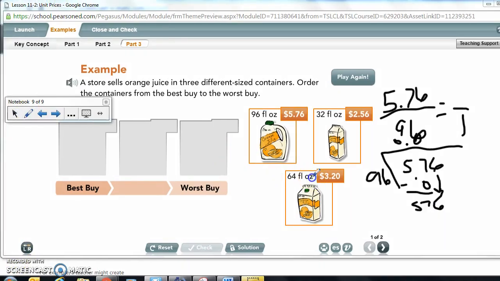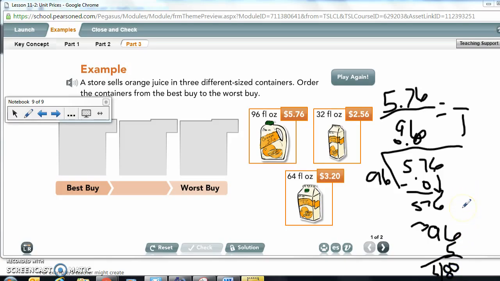Well, I'm going to try 96 times 5. So 5 times 6 is 30. Carry my 3. 9 times 5 is 45, plus 3 is 48. Well, I think I can probably fit one more 96 in there.